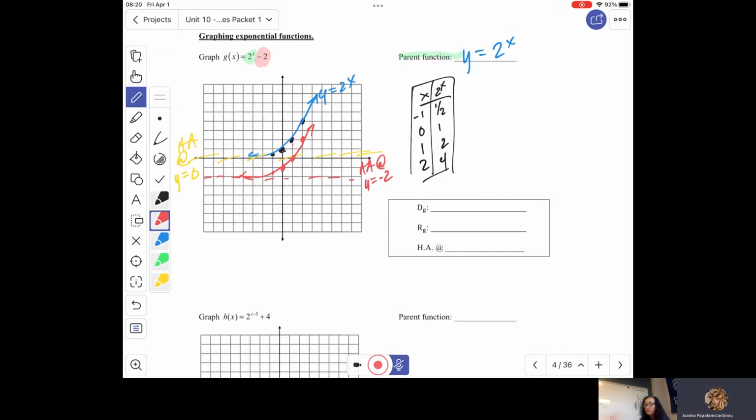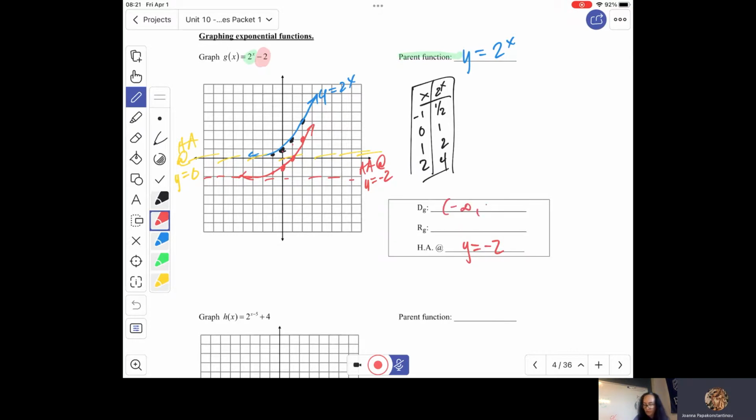So by looking at that, you should be able to identify the parent function and then describe the transformation that is being made. Now let's talk about the domain and the range. We've already said that the horizontal asymptote is at y equals -2 for our image, our g of x. What is the domain of my image?